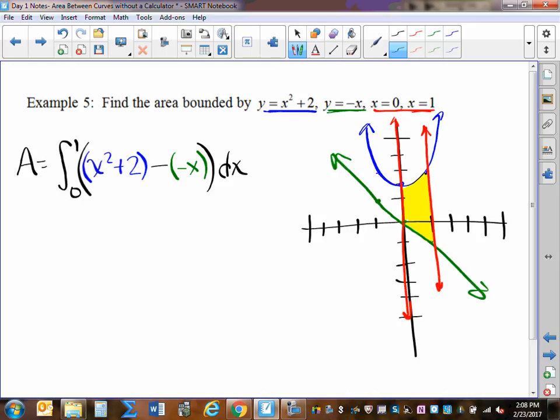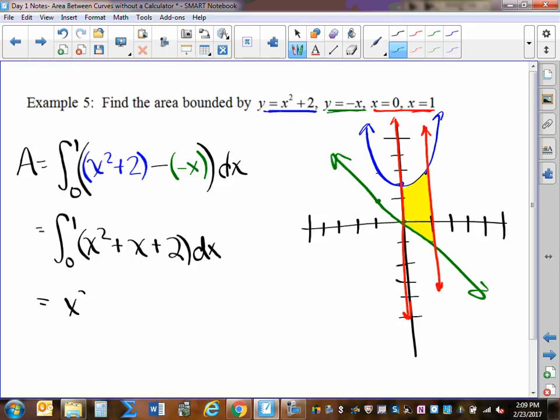Alright, so let's go ahead and simplify and integrate this. So 0 to 1. And we would get x squared plus x plus 2. Do we agree with that? Just make it simplified. Okay. So then let's go ahead and integrate this.